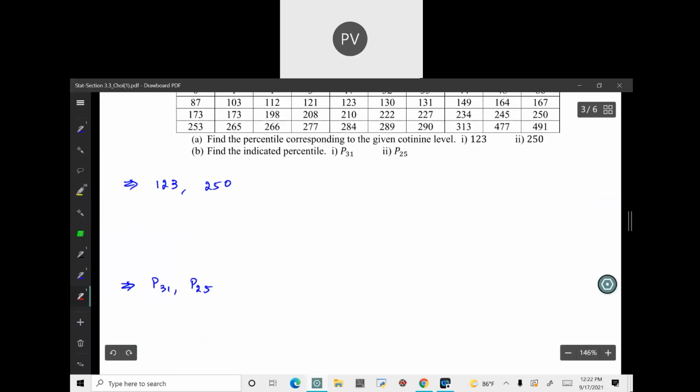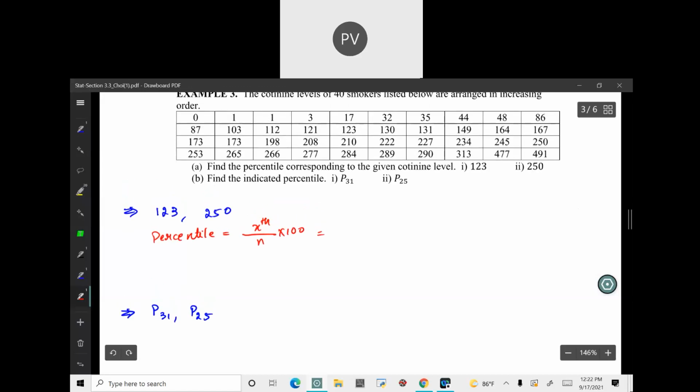Okay, now the percentile will be given by the position divided by the total number of values, into 100. It is not a value, it is a position. Okay.